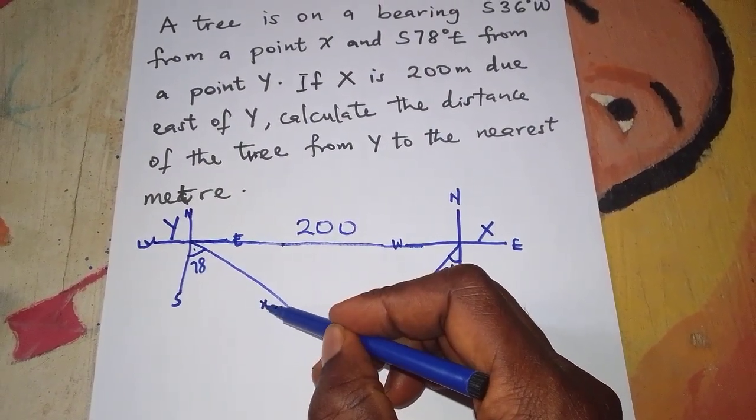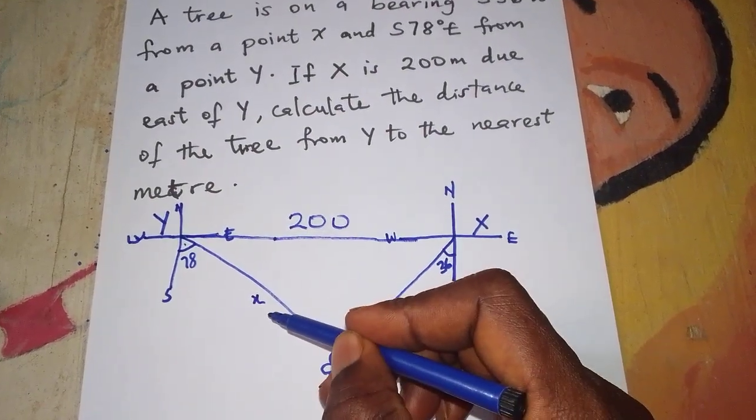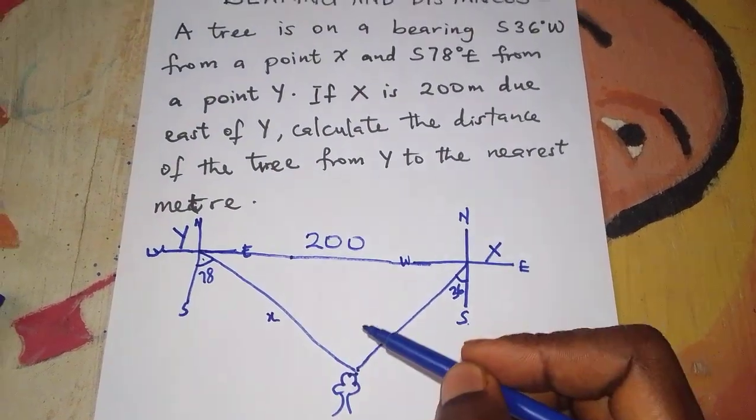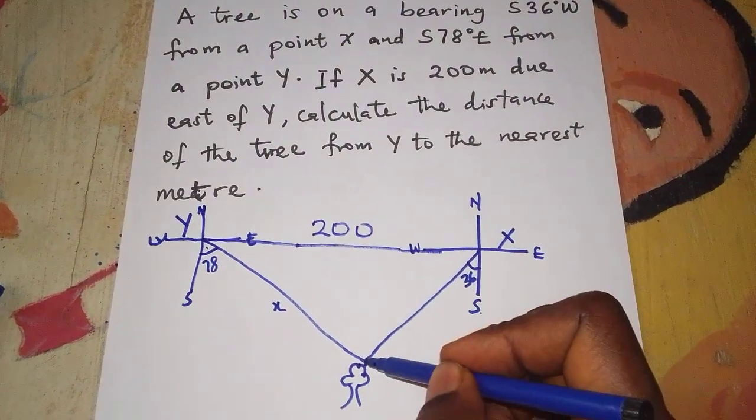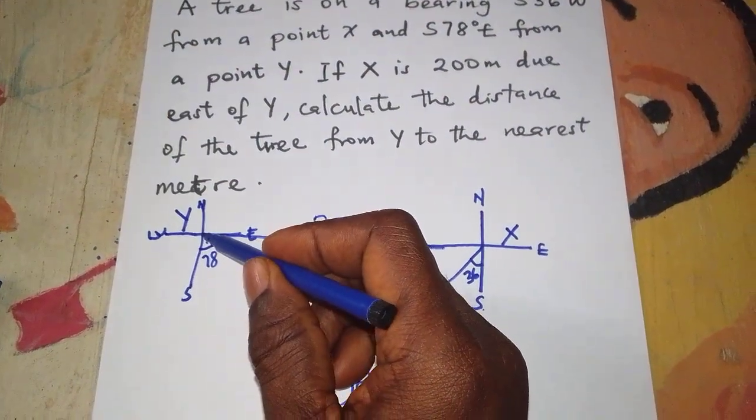So that will give us small x. Calculate the distance of the tree from Y to the nearest meter. So you are looking for the distance from this tree to this Y.